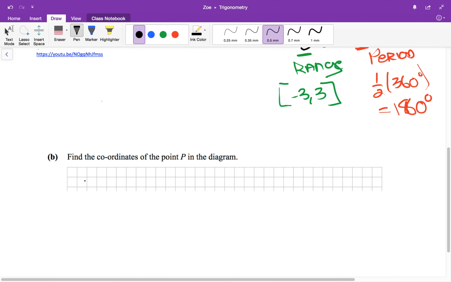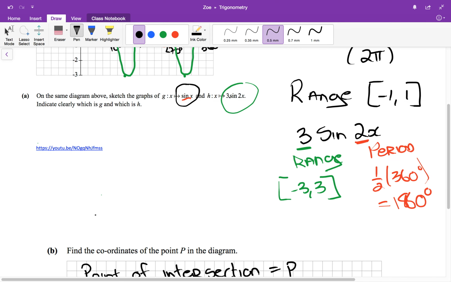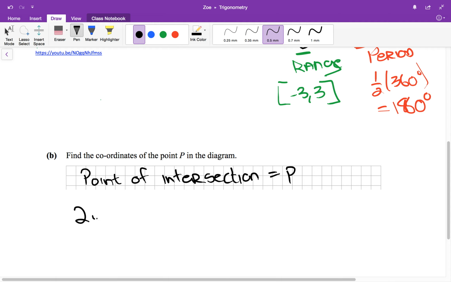So we're trying to find a point of intersection, which is P. And it's a point of intersection between that line, which is 2y equals 1, and the curve, which is f of x equals sine 2x.